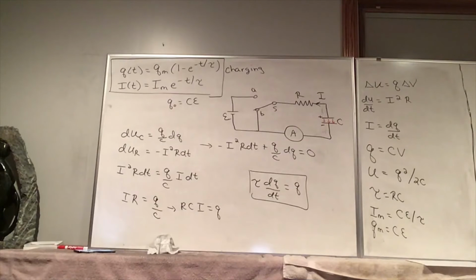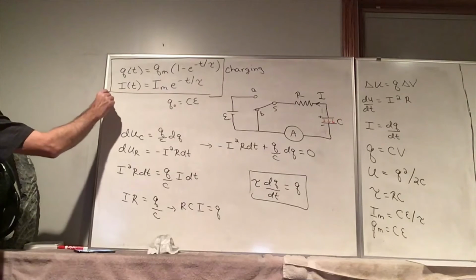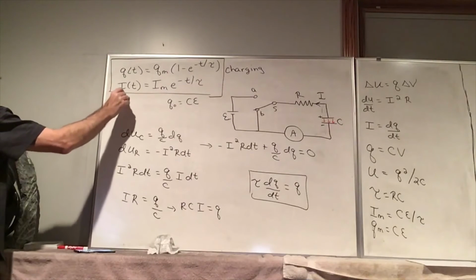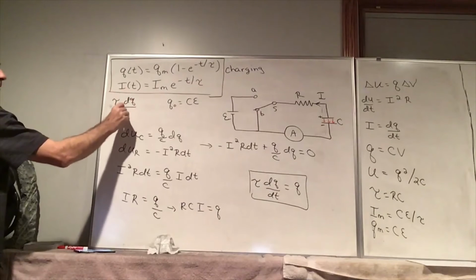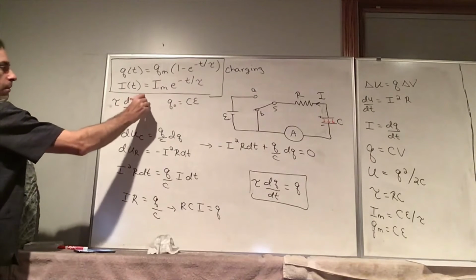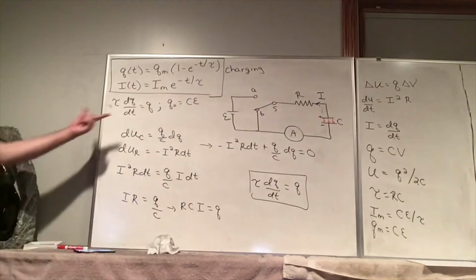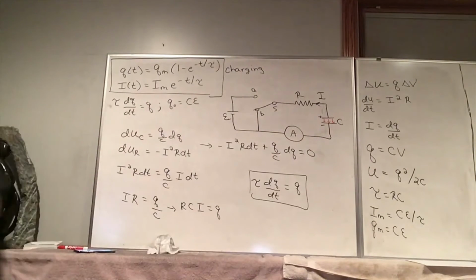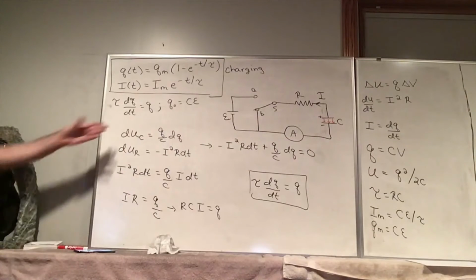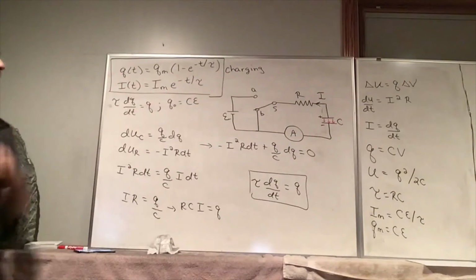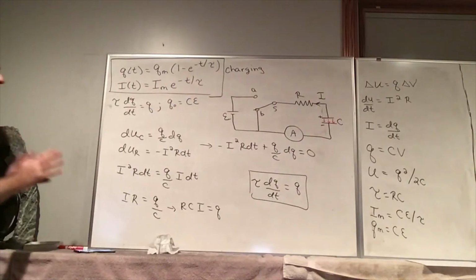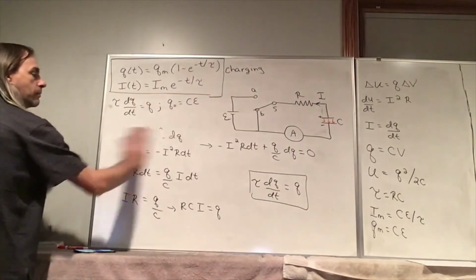So let's write down our basic equation. This is our equation, and that's our initial condition. It's a first order equation, so we only need one initial condition. Now let's make some room.